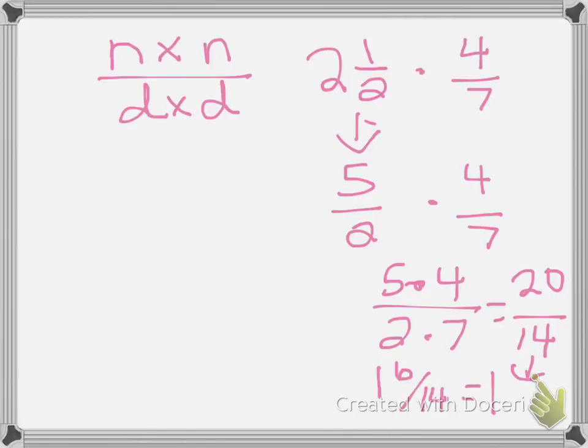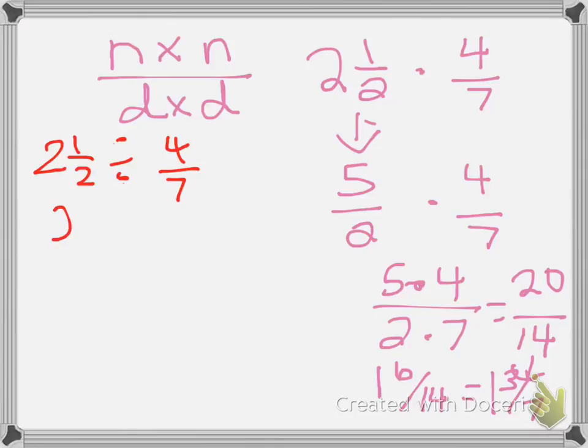And you can simplify that further into 1 and 3/7. So multiplication and then division is going to be fairly simple as well. If you remember, if I wanted to divide 2 1/2 by 4/7, we'd change division into multiplication.